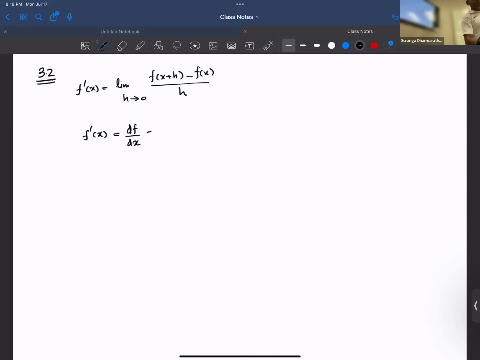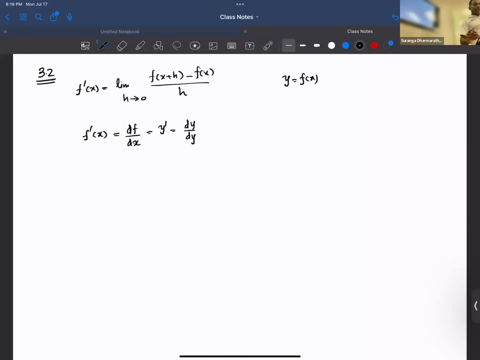It can also be written as y prime, and sometimes this is also equal to dy over dx, because you sometimes write y equals f of x, right? And y is the dependent variable, x is the independent variable of the function. Those are the notations that we're going to use.